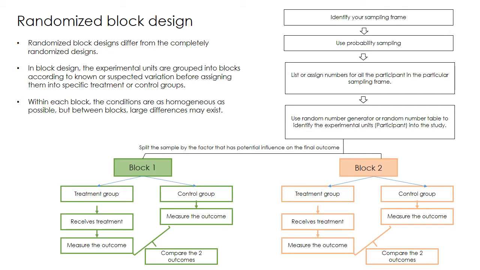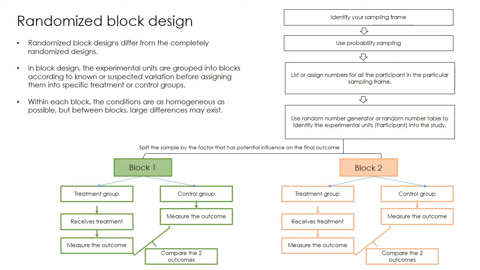You just take the sample. What you do next is you block them, you group them, meaning you are splitting the sample into blocks. Within each block you assign the participants into treatment and control groups.